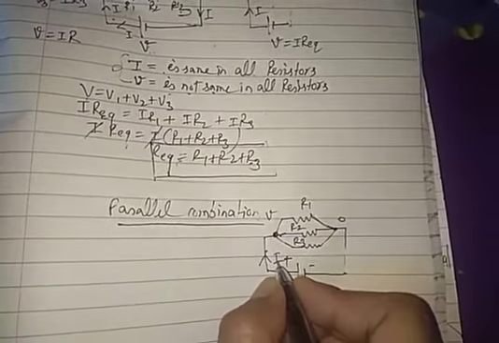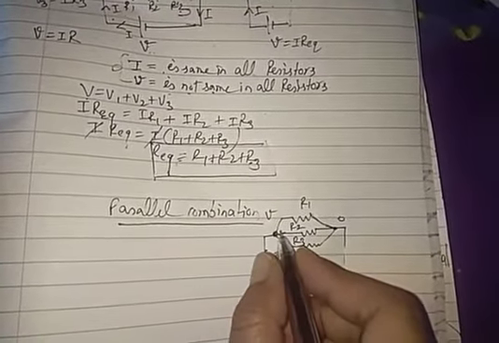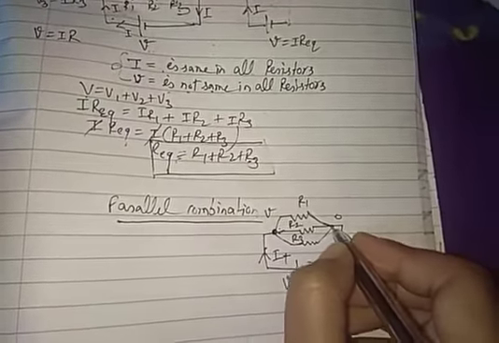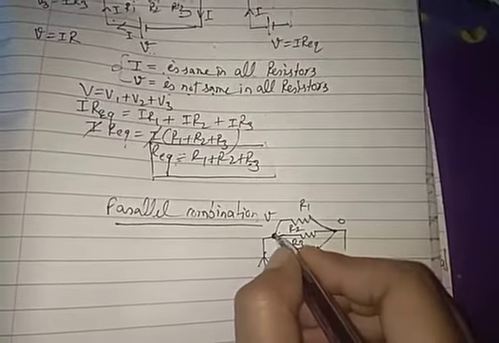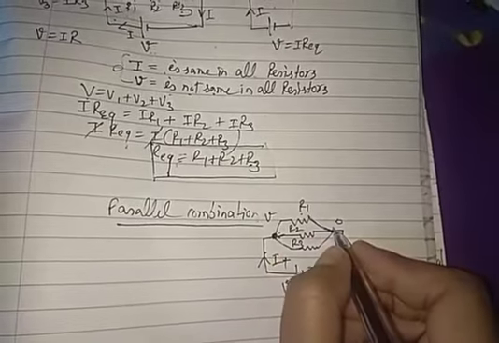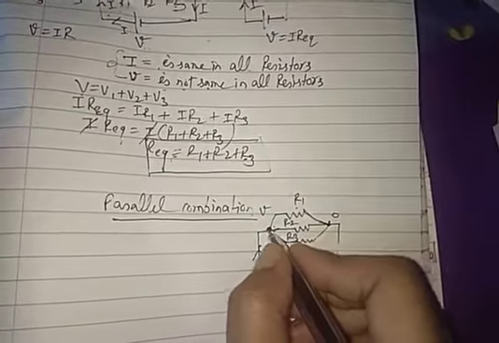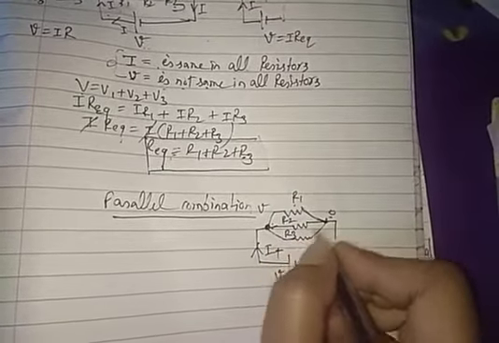Now you can see current I is going through. The potential difference across R1 is V and 0, again across R2 it is V and 0, and again across R3 it is V and 0.